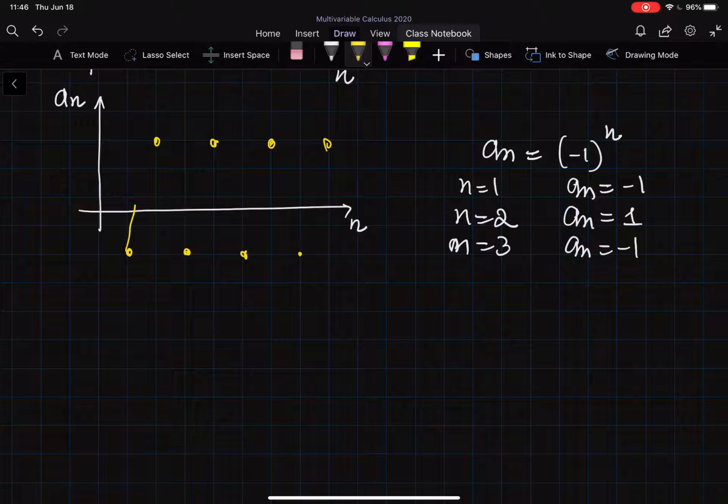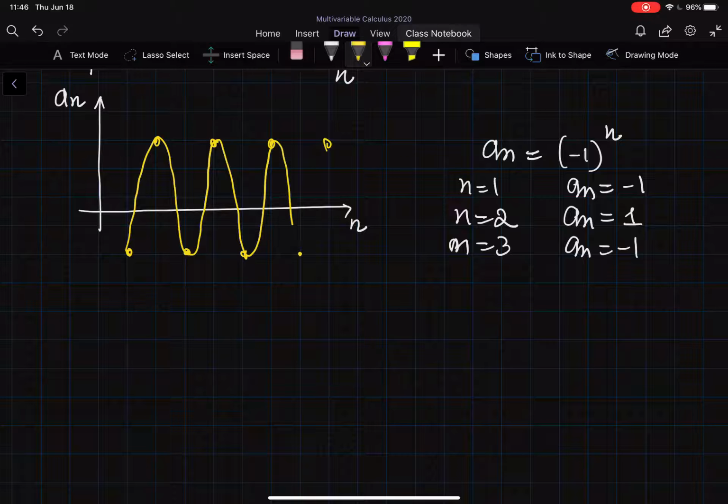Right? If you connect this, you get this kind of function which is oscillating. As you increase n, it will never converge to some number. It doesn't go to infinity or minus infinity, but it doesn't go to some number either. So it's a really interesting sequence as well.